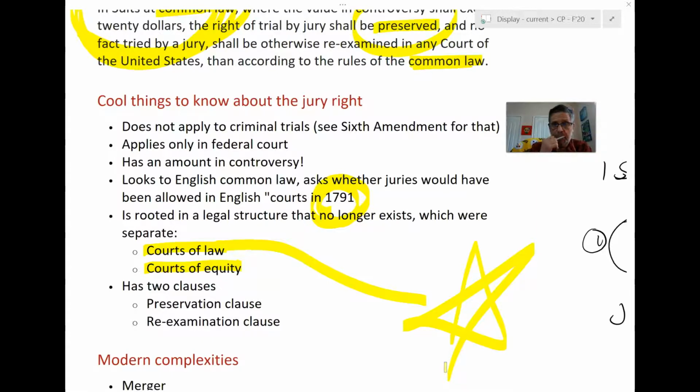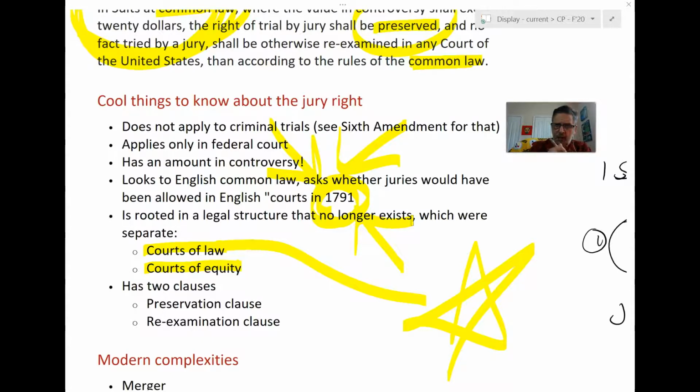And equally so, if we have to look to England in 1791 to determine what kind of suits give rise to a jury right, then we have a real head-scratching moment, right? Because so many of the modern causes of action that we have today in a federal court, such as environmental lawsuits, or an employment discrimination lawsuit, or say an ADEA claim, Age Discrimination in Employment Act claim.